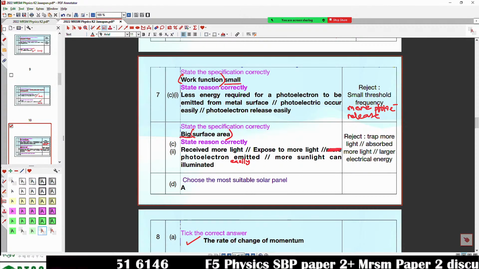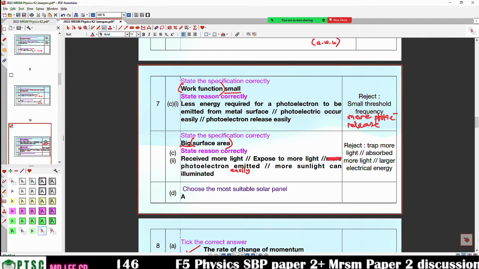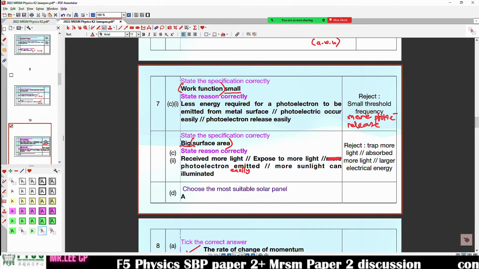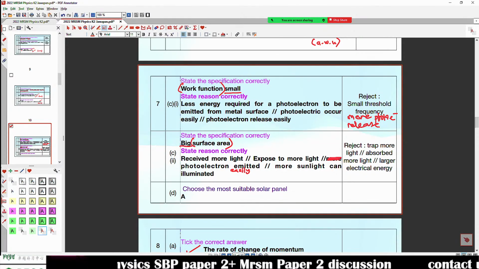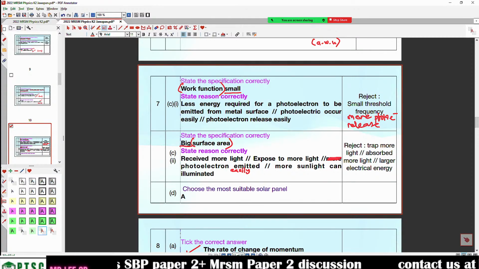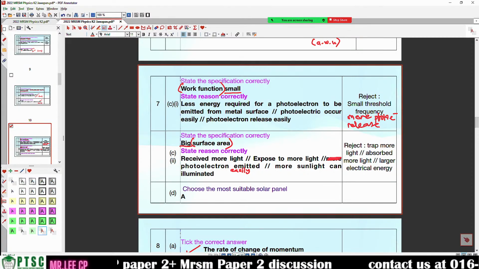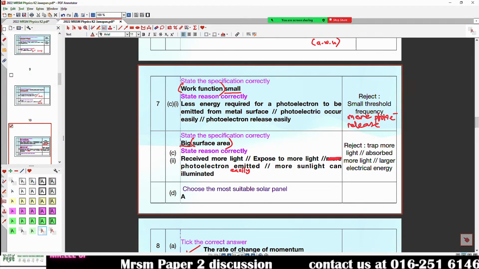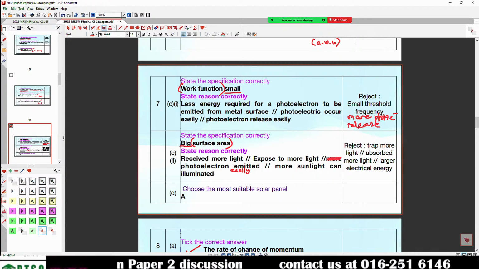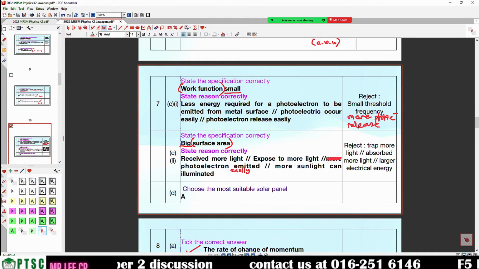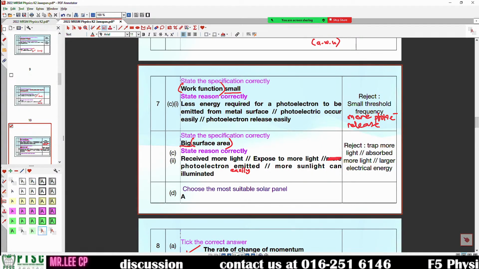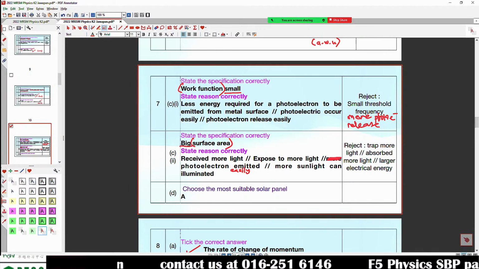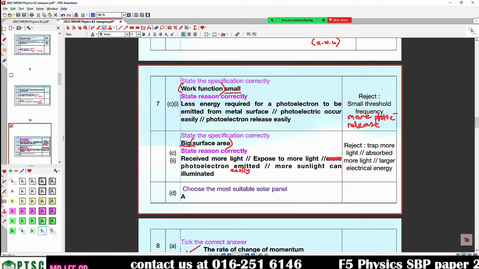Work function small, so that it is easily achieved. If the work function is too big, you cannot achieve it. Less energy is required for the electron to be emitted from the metal surface, so the photoelectric effect occurs easily.